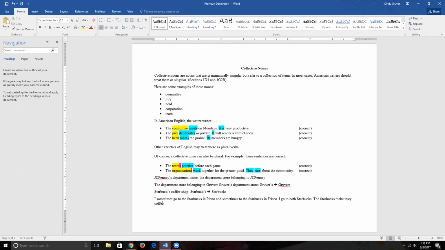So I am referring not to the complete corporation, but to these particular outlets, so it's appropriate that it be plural. I suppose I could say Starbucks is, and I might actually say that, but let's say I didn't. And so under these circumstances, because I mean the two Starbucks, I would say make, which is the plural, they make, as opposed to makes.